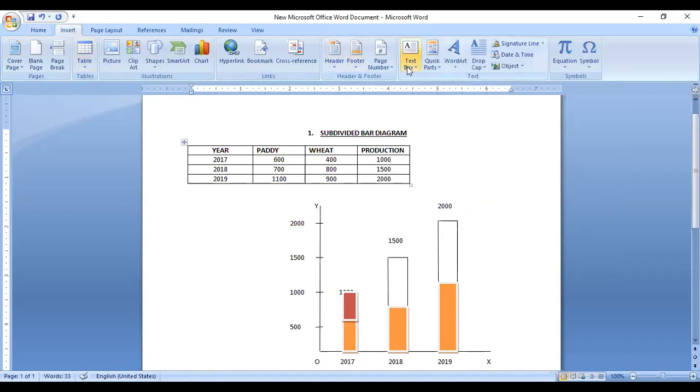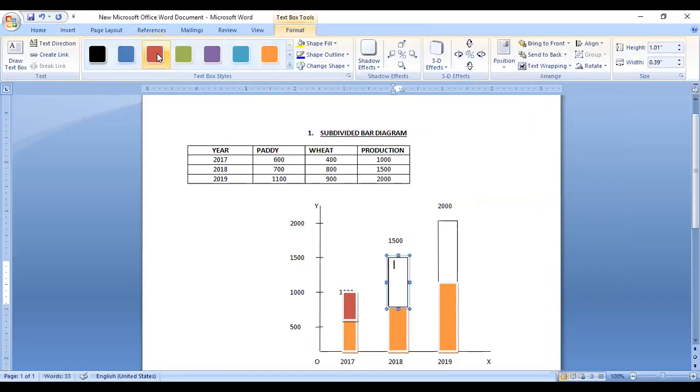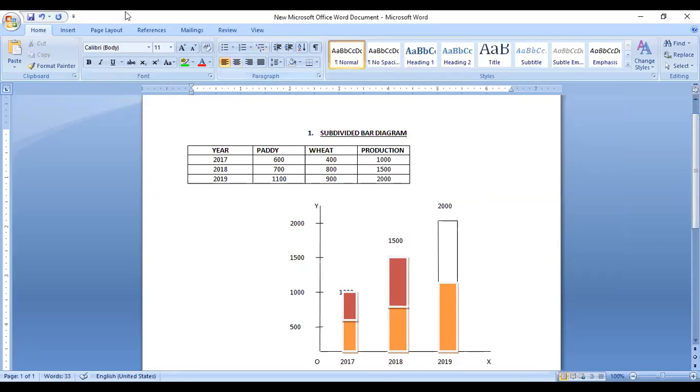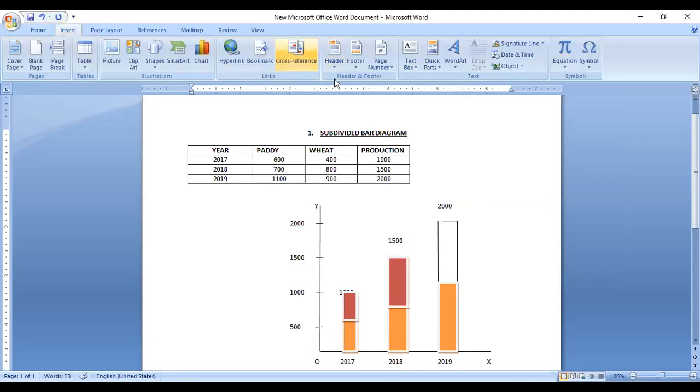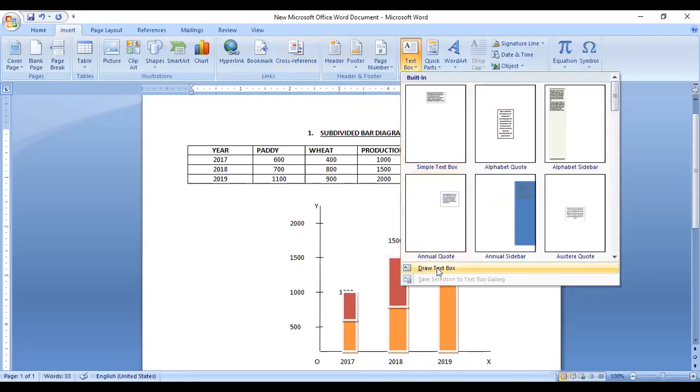Same color should be used for same kinds of production, same kinds of units. So clear distinction can be made.